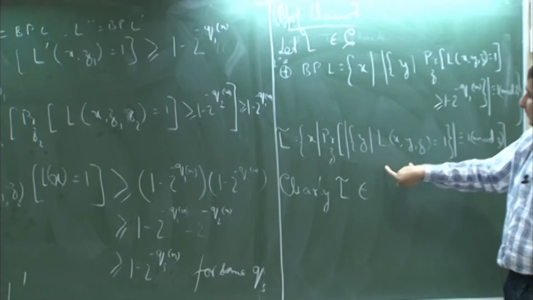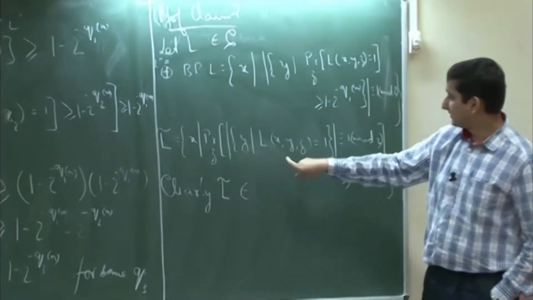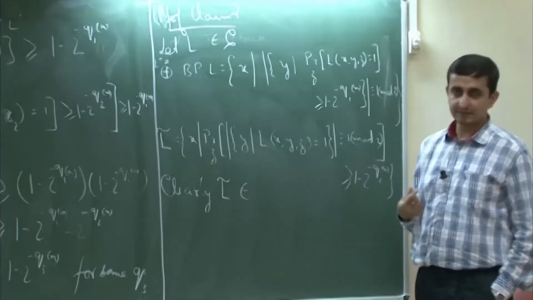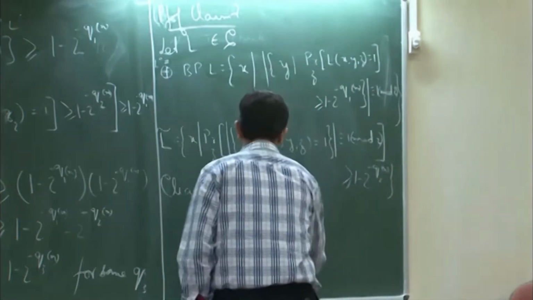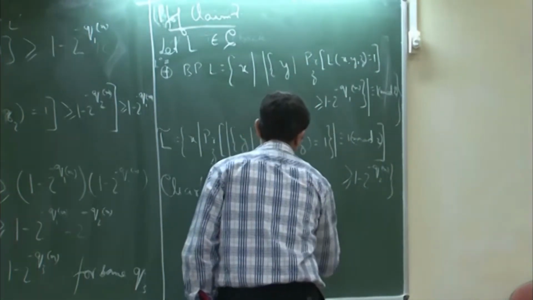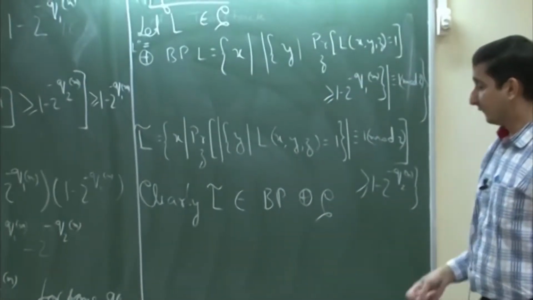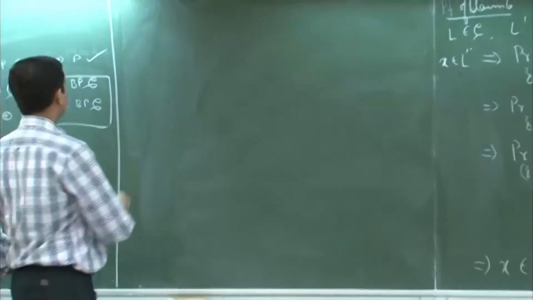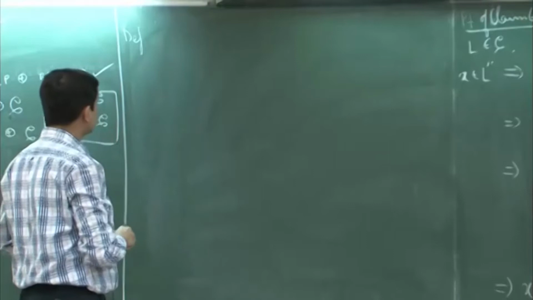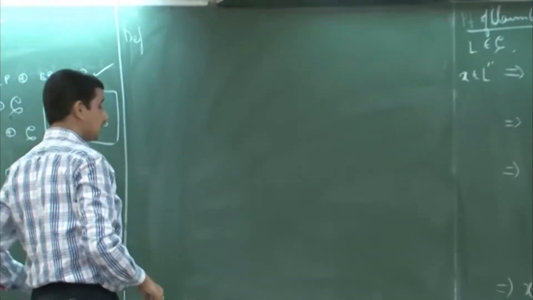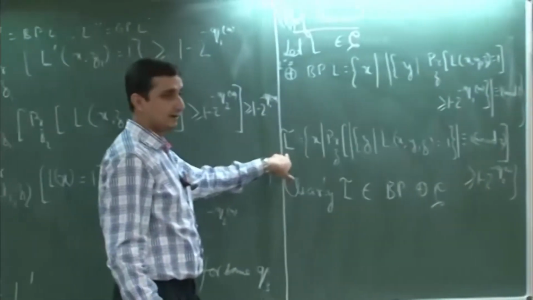With high probability, the number of y's which makes this predicate evaluate to 1 is odd. So, it is by definition in BP dot parity dot C. L was a language in C. Okay. So, I will prove them equal, L double prime and L tilde.